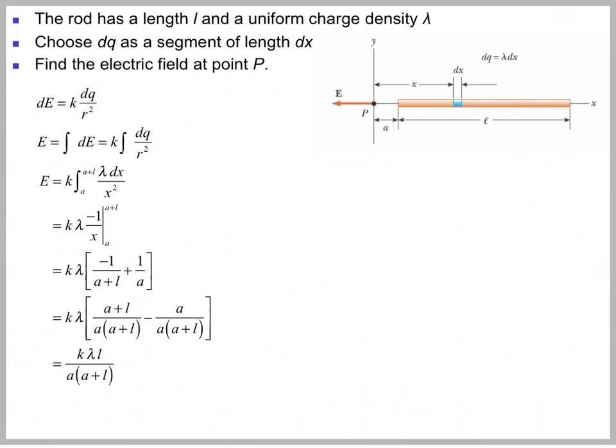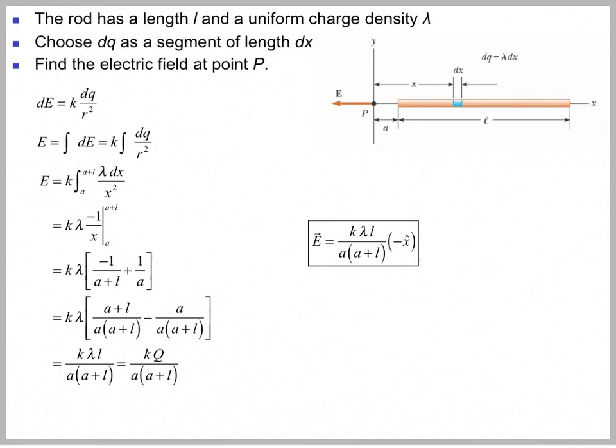And the electric field is k lambda L over a times a plus L. But I also remember that lambda times L is just the total charge. So lambda L I could replace with just Q, the total charge on the rod. So then the electric field would be kQ, or k lambda L, over a times a plus L, in the minus x direction.